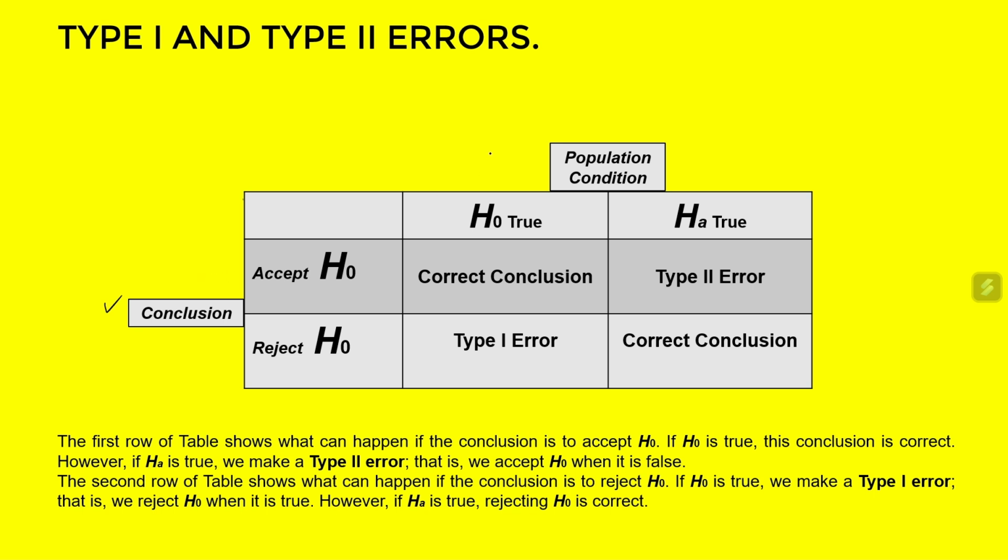When the population condition is that H0 is true and in the conclusion you accept H0, your conclusion will be correct. Both things are right.